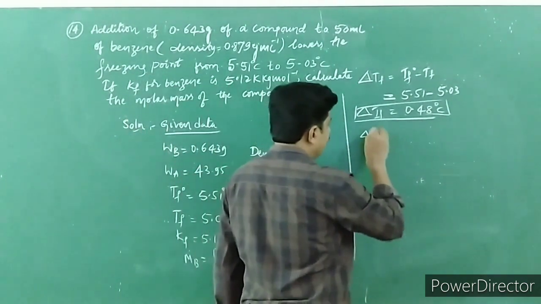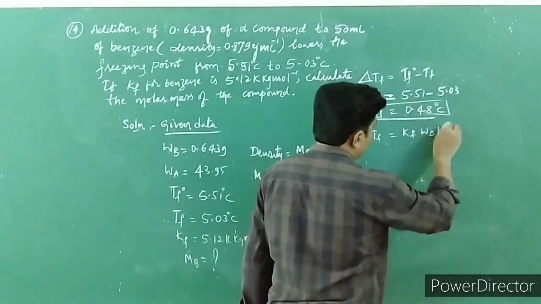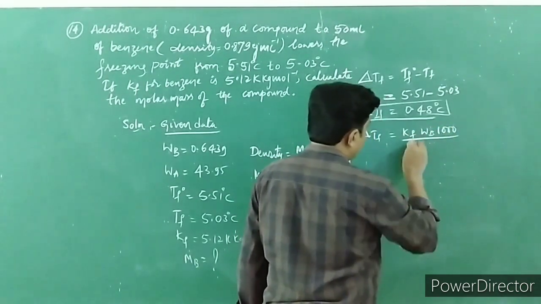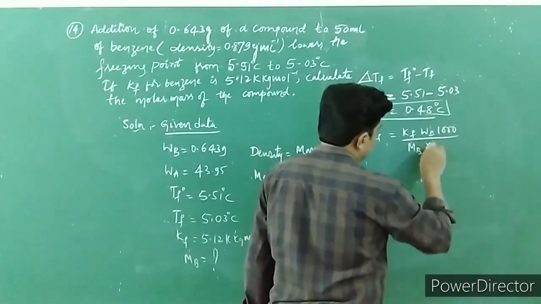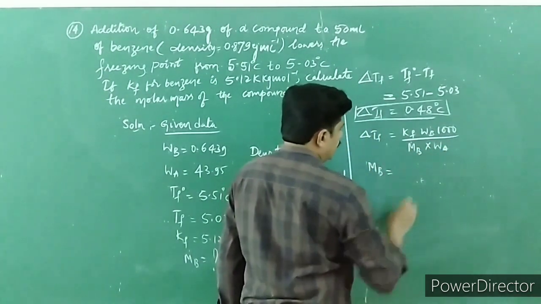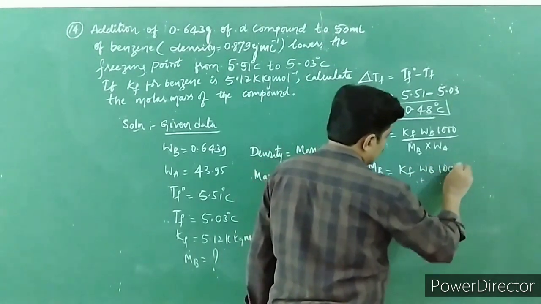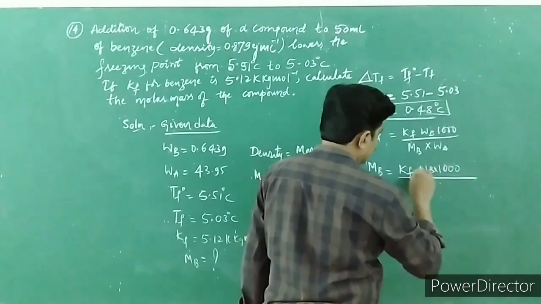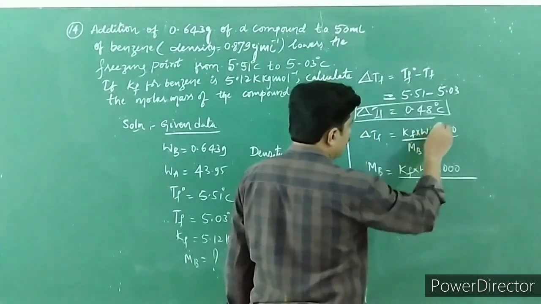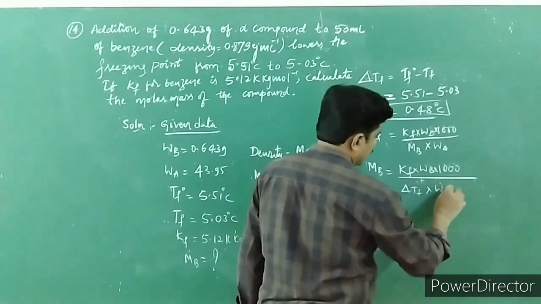So delta Tf is equal to Kf into Wb into 1000 upon Mb into Wa. Now Mb you are supposed to find out. Mb is equal to Kf into Wb into 1000 upon delta Tf into Wa.